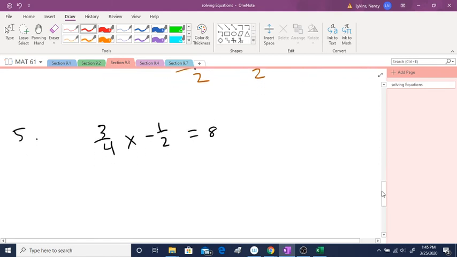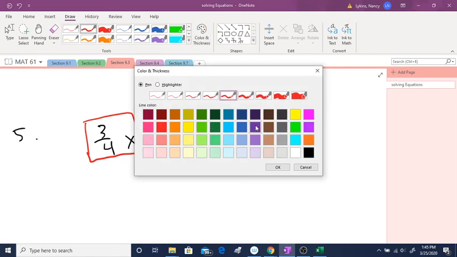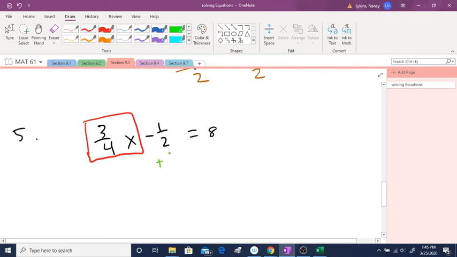So now the final problem of this unit is having fractions with different denominators. Starting off, this is 3/4 x minus 1/2 equals 8. So I'm going to protect the 3/4 x. What I want to do now is add 1/2 to both sides.